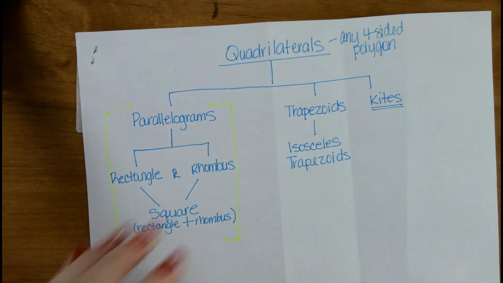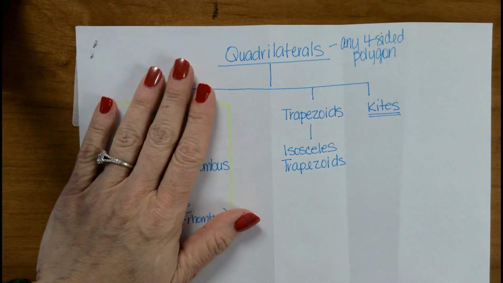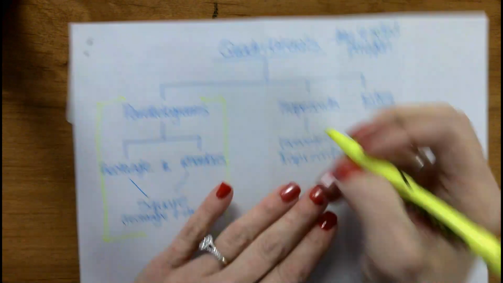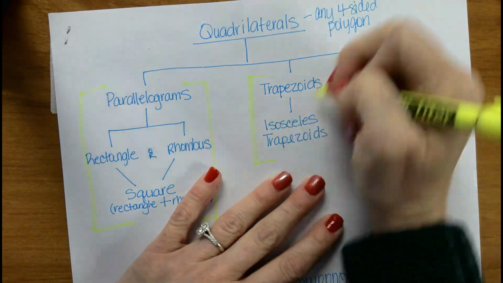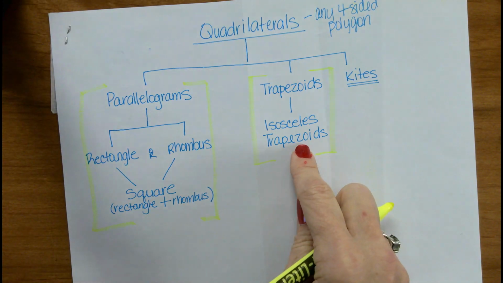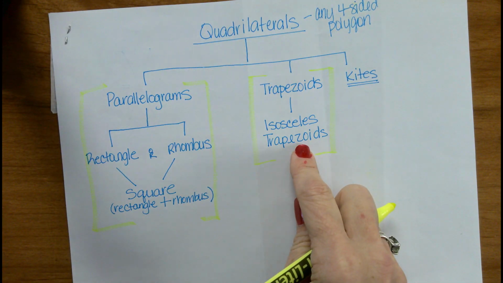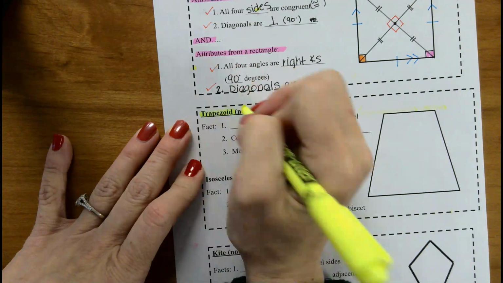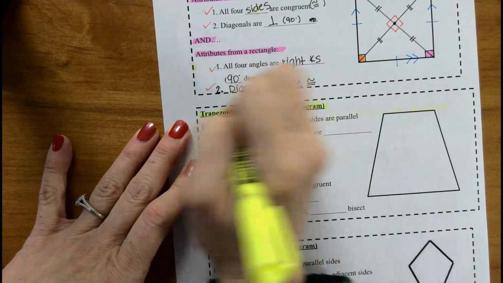So if a quadrilateral is not a parallelogram, now you have to ask yourself if it's a trapezoid or a kite. If it is a trapezoid, you have to find out if it is isosceles or not. So, a trapezoid is not a parallelogram.